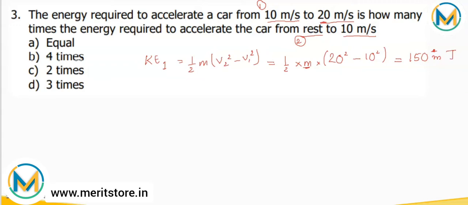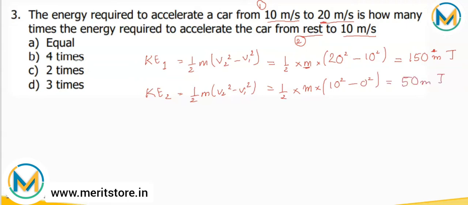Looking towards the other condition, the kinetic energy for the second condition, we'll take the formula as half m into v2 square minus v1 square, which is equal to half into mass, which we don't know, but v2 is 10 and v1 is 0. So it's 10 square minus 0 square, and this comes out to be 50 m, and the unit is joule.